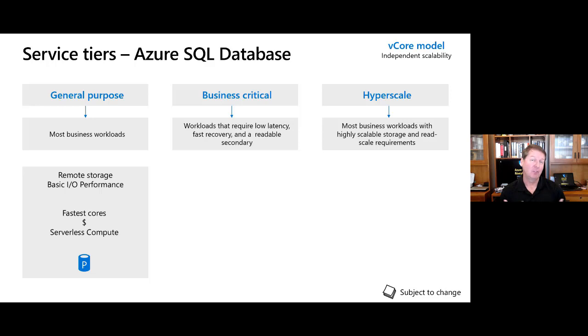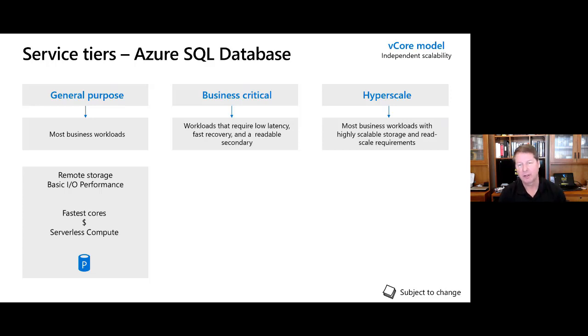And in addition, if you want this concept called serverless compute, pausing capabilities, auto scaling, pay as you go type compute, that is only available in the general purpose tier. And like a managed instance, you get a primary replica, and it's going to feel more like a failover cluster instance.